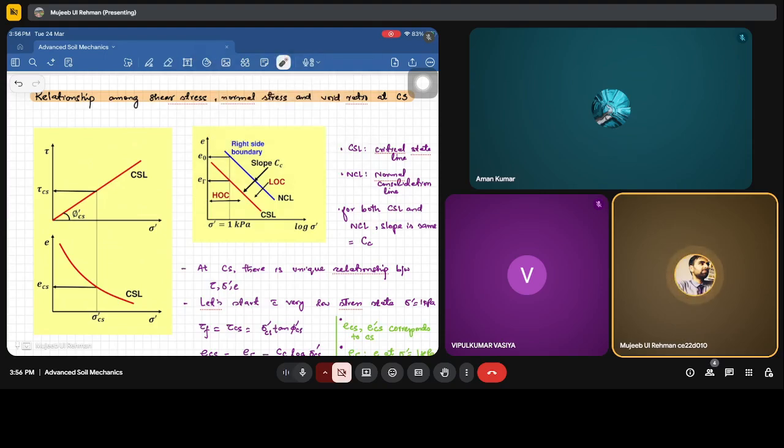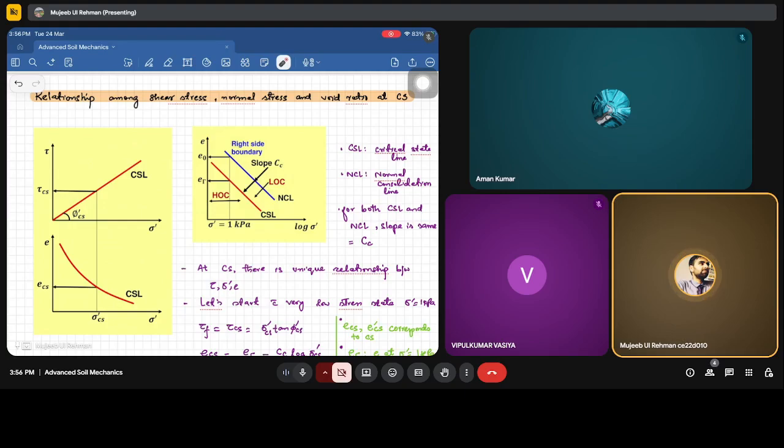After that, we have the e versus log sigma dash plot, which is the void ratio versus the effective stress for the critical state. For example, if we are doing testing, we take one void ratio and start doing the test. With the test, the mean effective stress will increase, and as a result there will be consolidation of the sample. e will change.